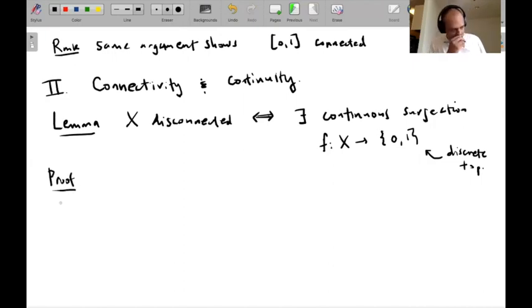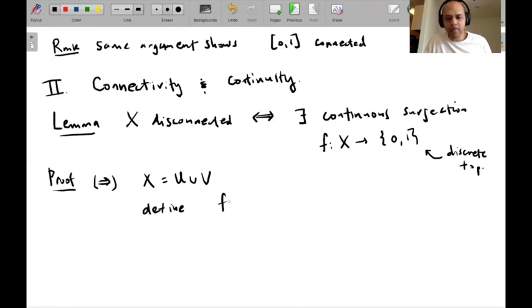The proof is not so bad. So the forward direction, so if X is disconnected, we can write X as U union V. And so then, well, let's define f in the following way.